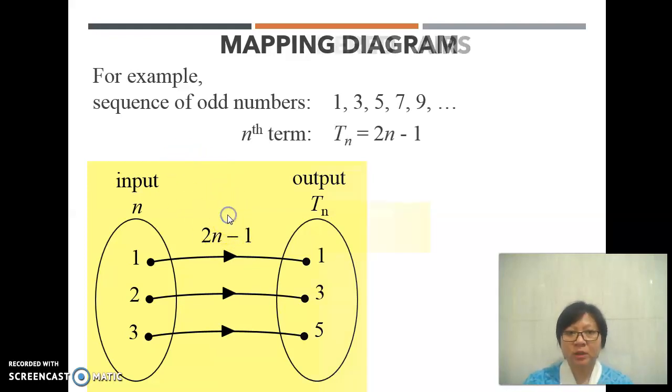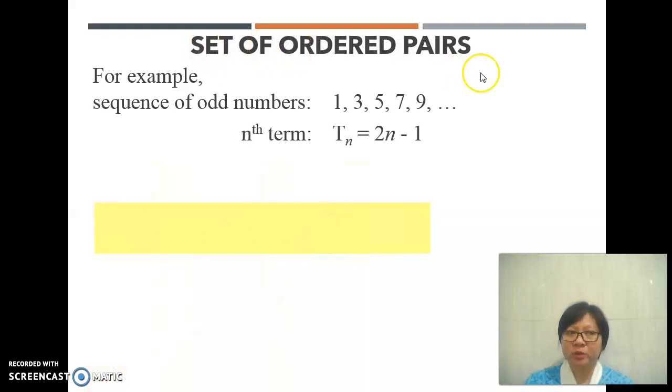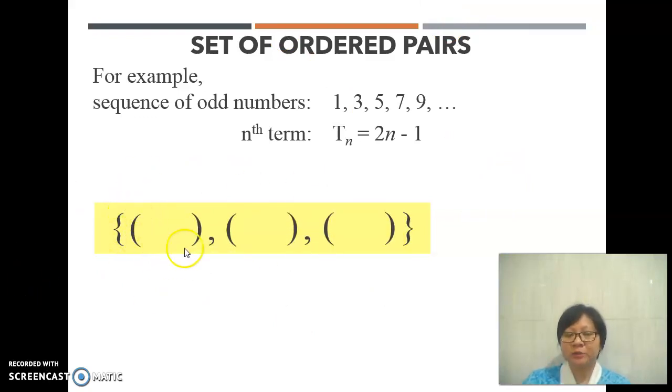So, the next one is the set of ordered pairs. You can represent functions, linear functions, in a set of ordered pairs. When you are using a set, you need to use curly brackets here, like this. Inside the curly brackets are ordered pairs, and each pair is separated by a comma.